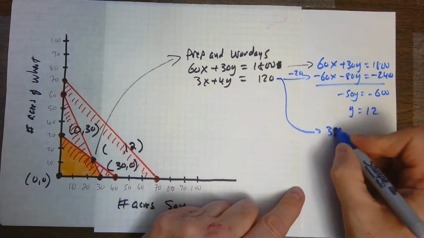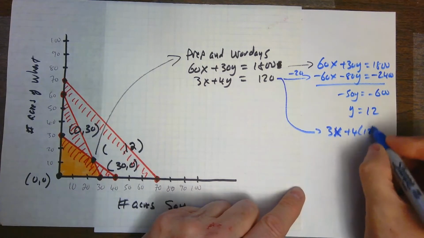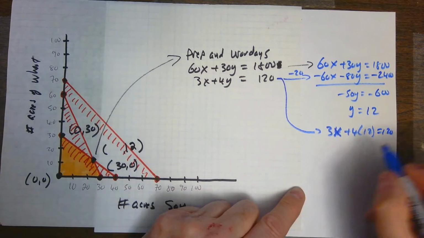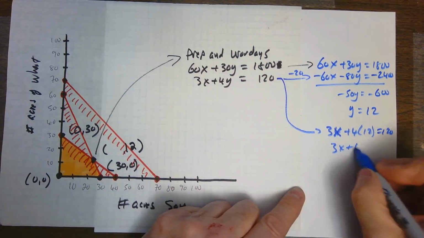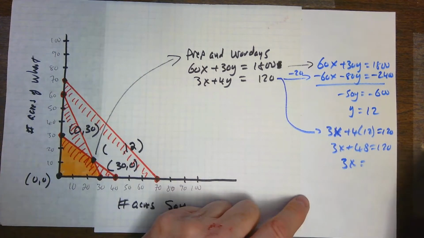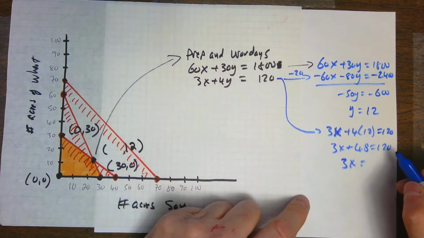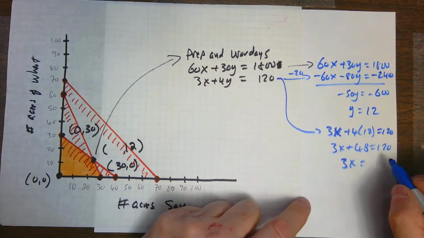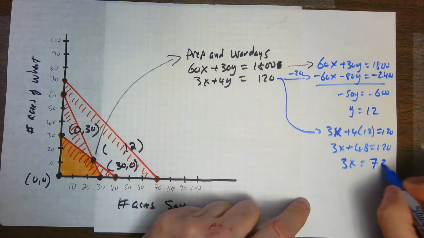3x plus 4 times y, which is 12, equals 120. 3x plus 48 is 120. Subtract 48. Oh boy, this pen's dying, isn't it? 3x equals 120 minus 48, which is 72.